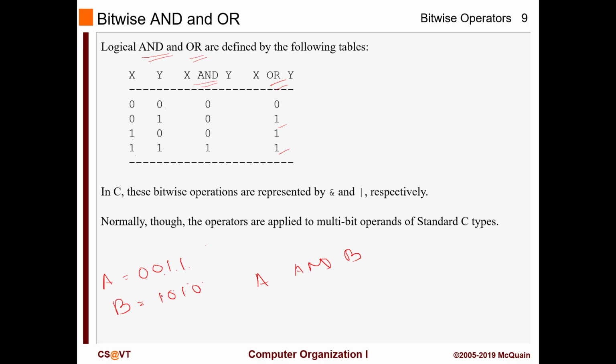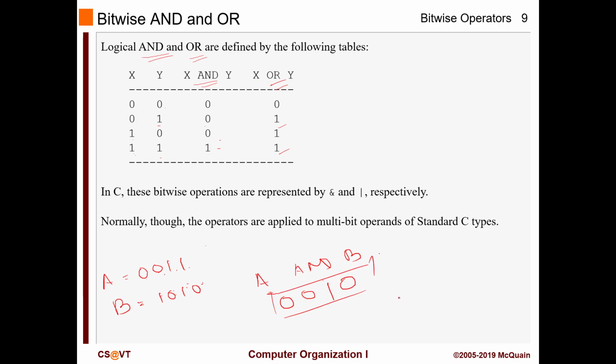So the first number is 0 and 1. As we can see over here, it's going to be a 0. 0 0, obviously that's going to be a 0. Then 1 1, we can see over here 1 1 is 1. And then 1 0, which is 0. So if we do A and B, this is what we're going to get.